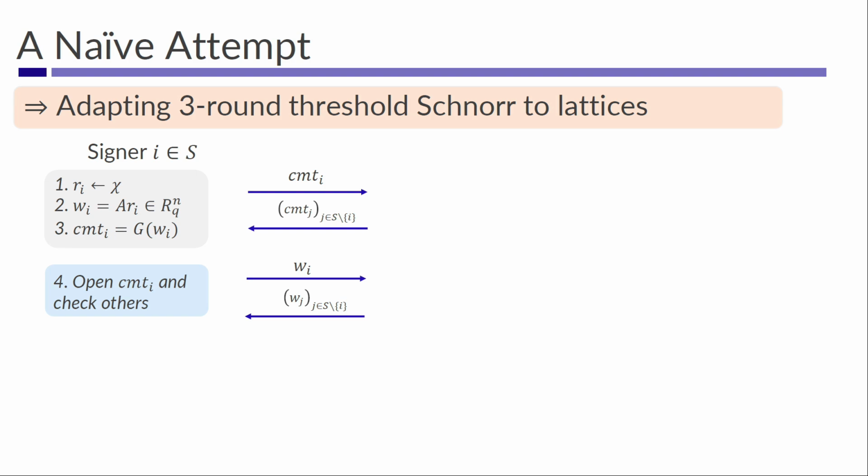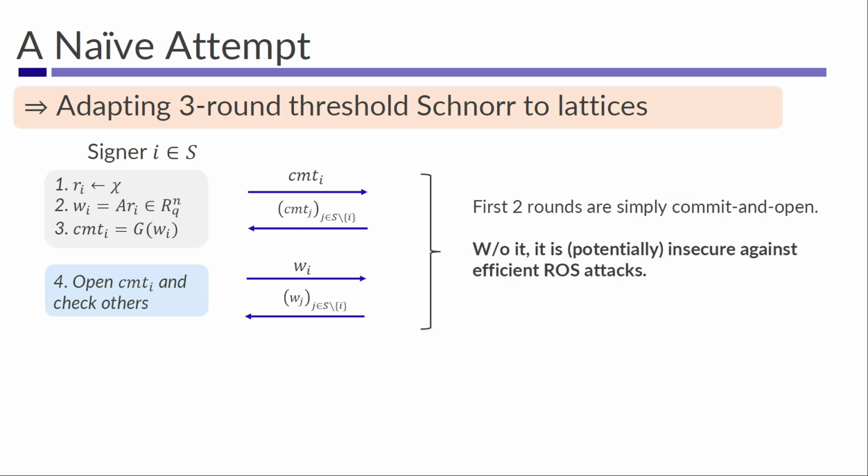So let's create a naive attempt at a three-round threshold Schnorr in the lattice setting. In the first two phases, there's going to be a commit and open protocol. It looks a bit complicated, but this is just doing these two rounds. These two rounds are simply required to do this commit and open, and without it, it is potentially insecure against the ROS attack.